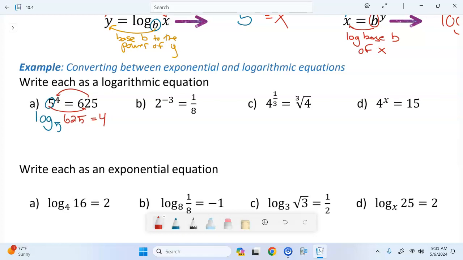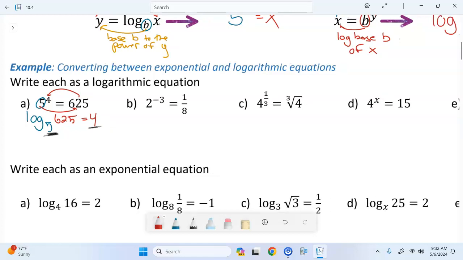And the way that is read is, if I want to multiply 5 by itself a bunch of times, how many times do I need to do it until I get to 625? 4 times. That's what a logarithm evaluates. Okay, how many times do you need to multiply something by itself?